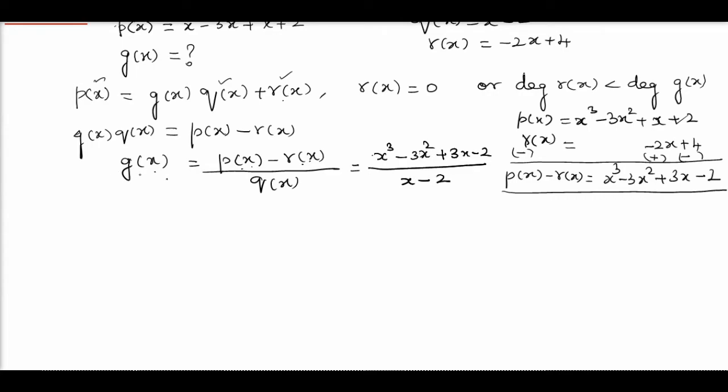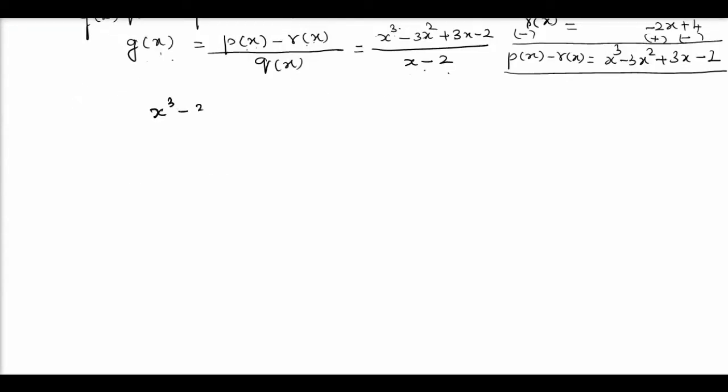So now we see that g of x equals x cube minus 3x square plus 3x minus 2 divided by x minus 2. So g of x is the quotient obtained when this cubic polynomial is divided by x minus 2. So now we are going to divide this cubic polynomial by x minus 2, get the quotient, and that's going to be our g of x.